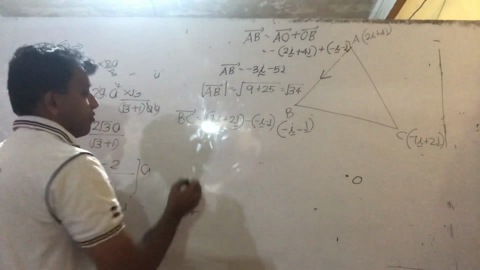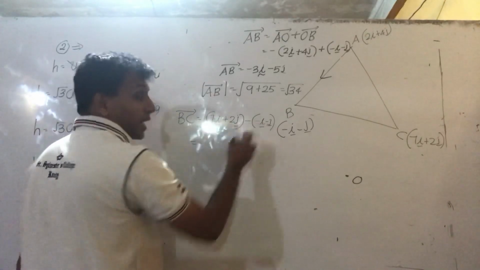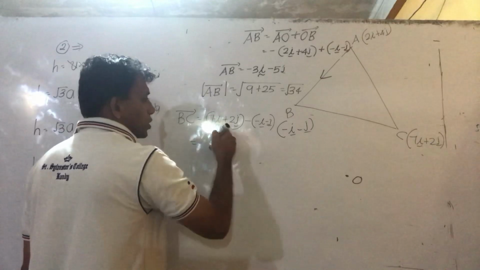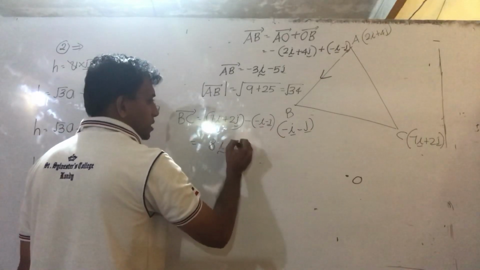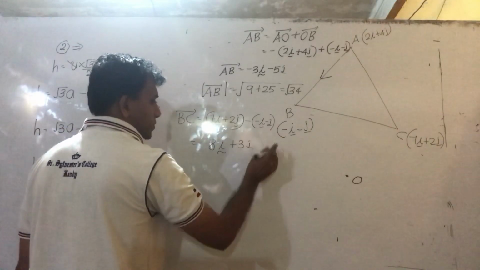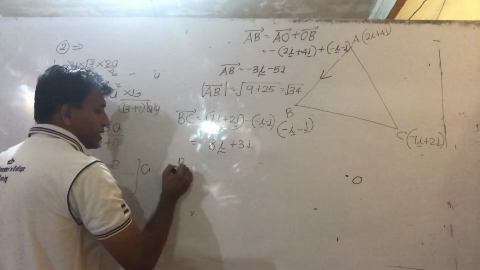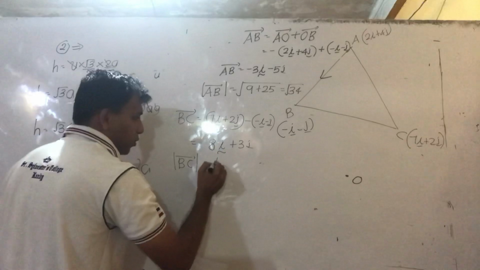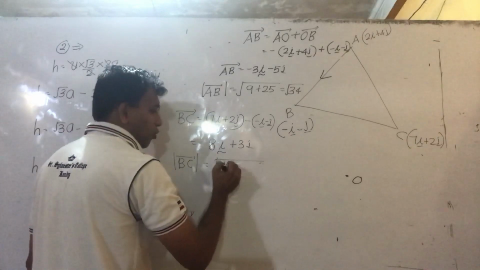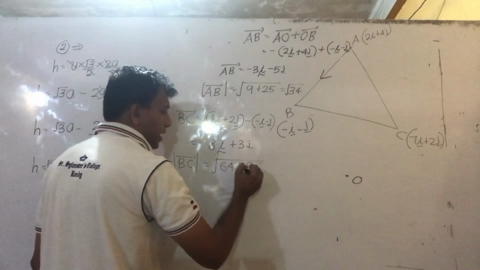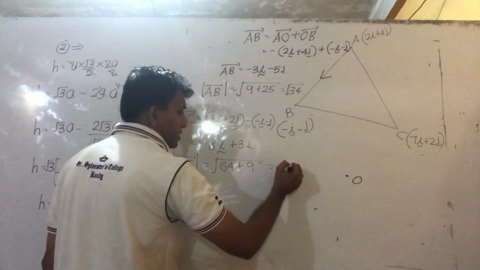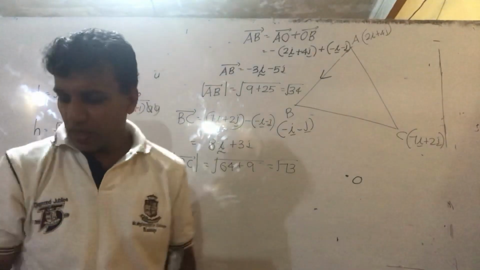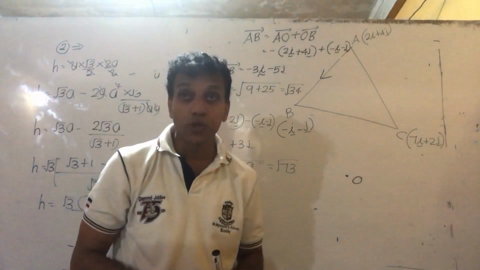Therefore 7i plus i, 8i, 2j plus j, 3j. Therefore the length of BC is square root of 64 plus 9, that is 73. So in this problem, I give some ideas with a different, big value to show there.